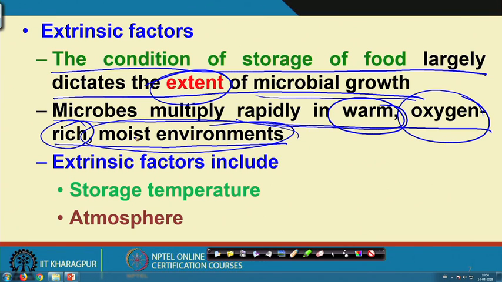Oxygen rich, that is why at high altitude it is not only cold, there you are also not getting much oxygen. Suppose people who are in Kashmir or Ladakh or this side, some high altitude, right. Those places, other than low temperature, also have low oxygen availability.